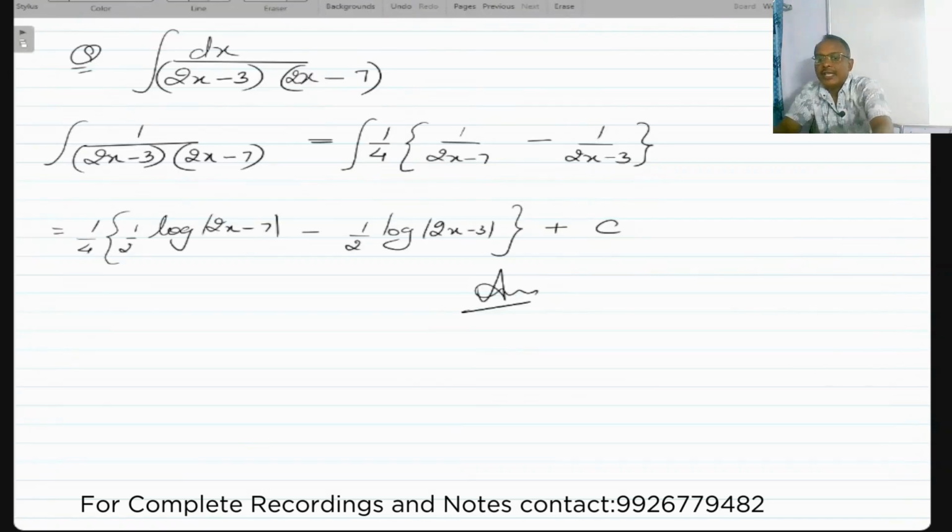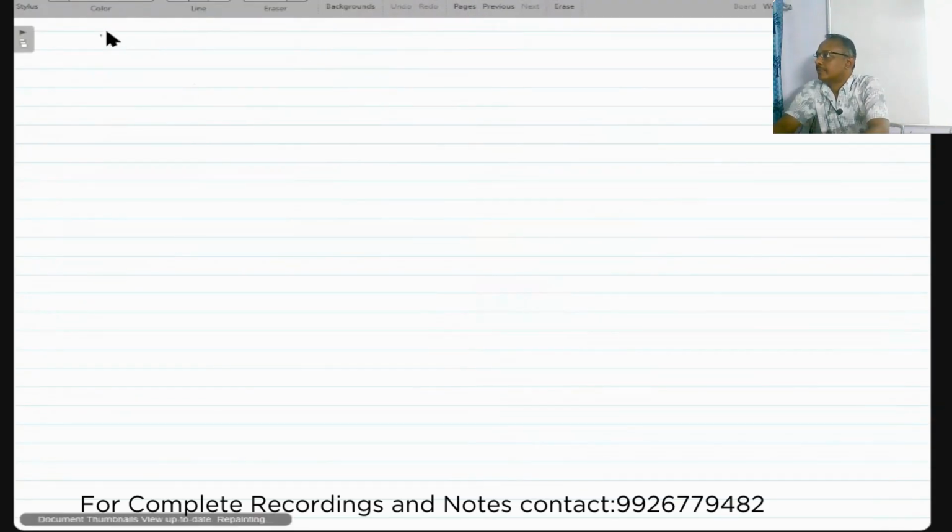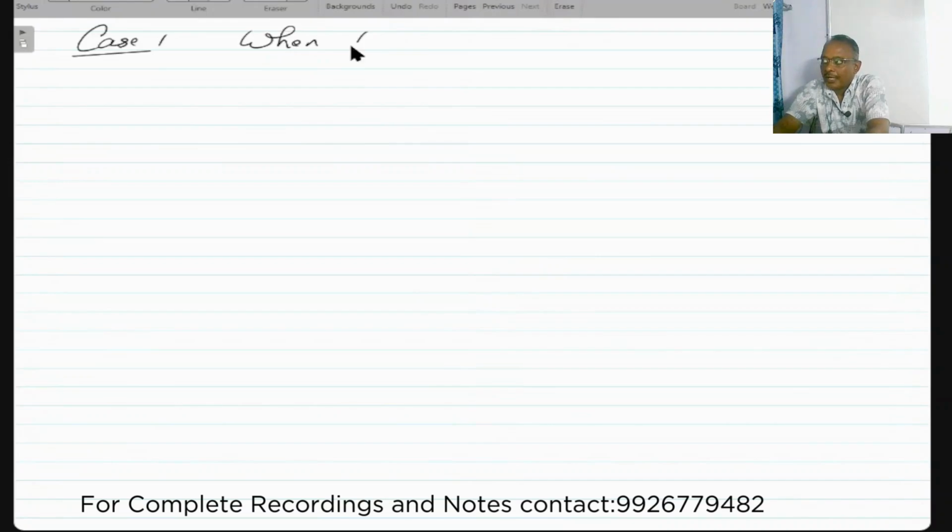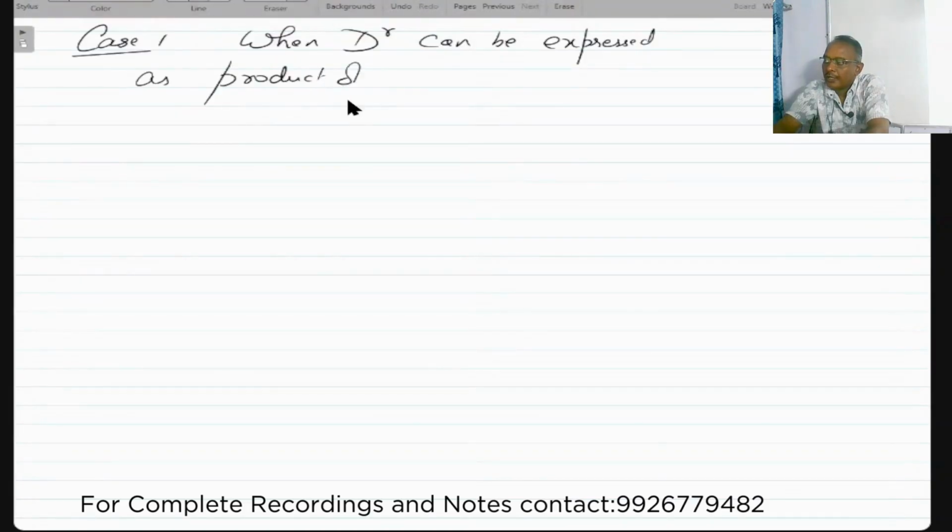Write down case 1. The time when denominator can be expressed as product of linear factors.